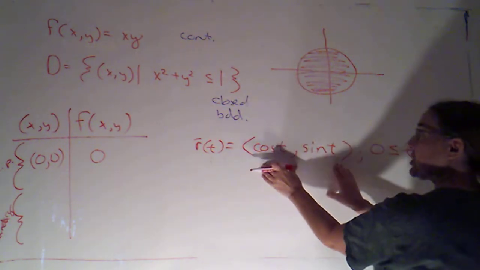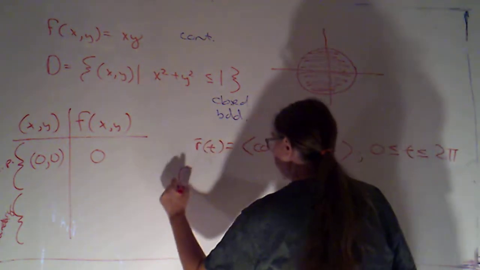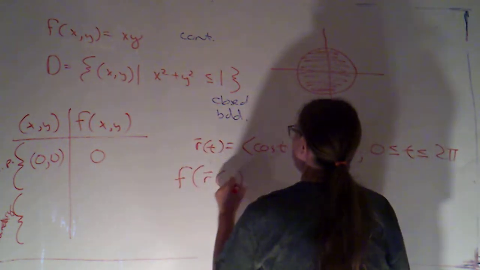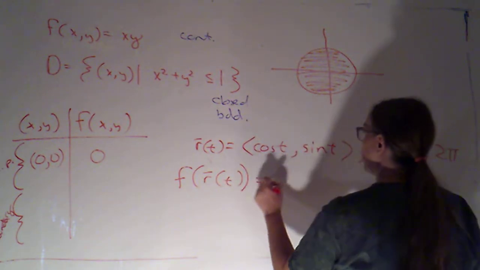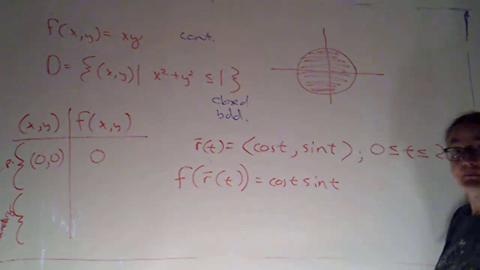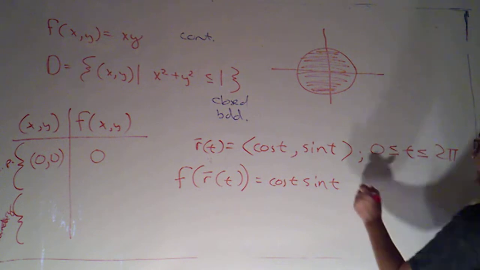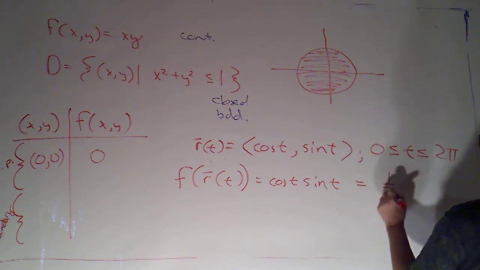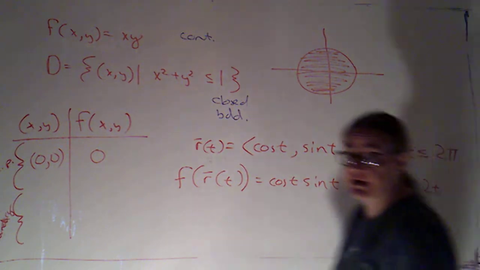Remember, that's just the curve. That by itself has nothing to do with f, so I've got to plug into f. So f of r of t, that was x times y, that becomes cosine t times sine t. Now, here's a place where if you remember your double angle formulas, you might notice that that's half of sine 2t.